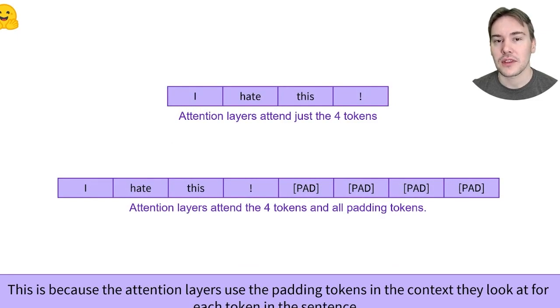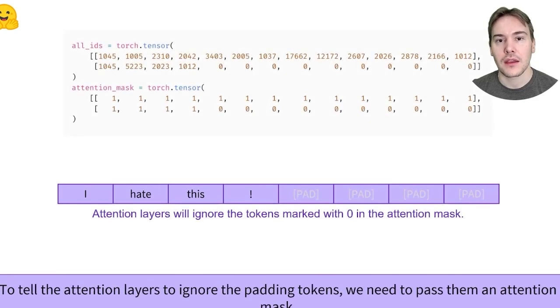When computing the contextual representation of each token, the attention layers look at all the other words in the sentence. If you have just the sentence or the sentence with several padding tokens added, it's logical we don't get the same values. To get the same results with or without padding, we need to indicate to the attention layers that they should ignore those padding tokens.